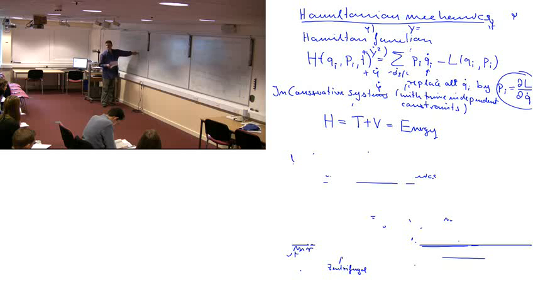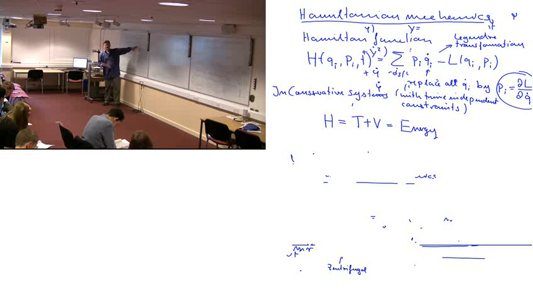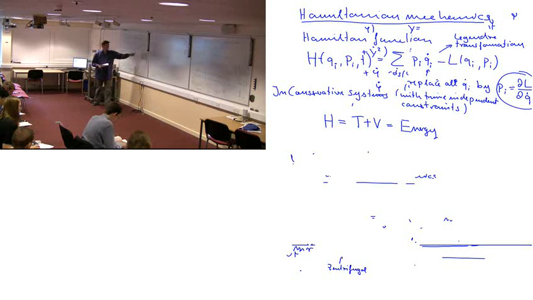This transformation here is a Legendre transformation of the Lagrangian. So that is a Legendre transformation. And just as background knowledge, it would be good if you familiarize yourself with the idea of a Legendre transformation and maybe try out that this is indeed a Legendre transformation of the Lagrangian.